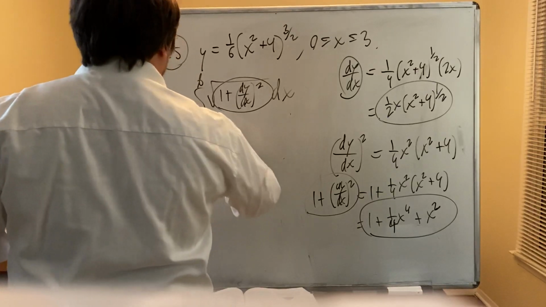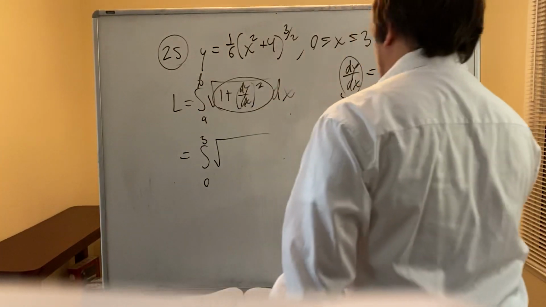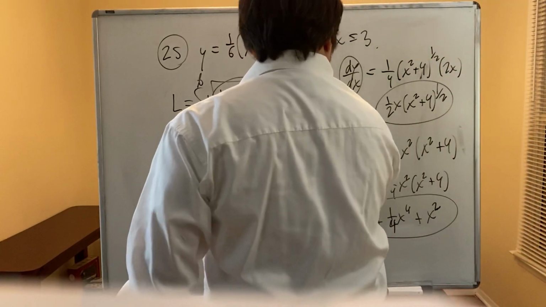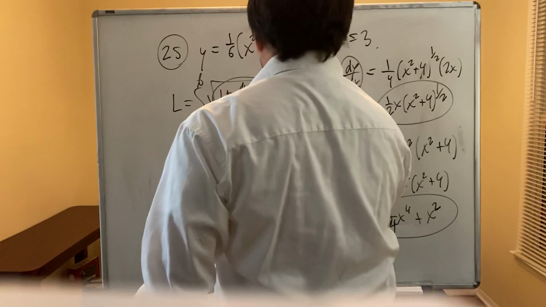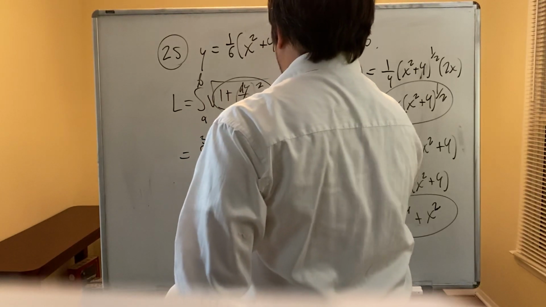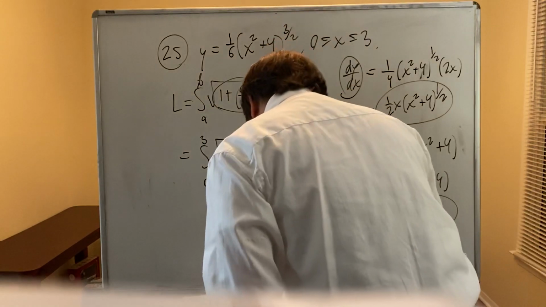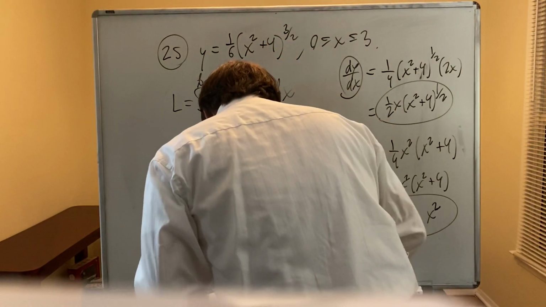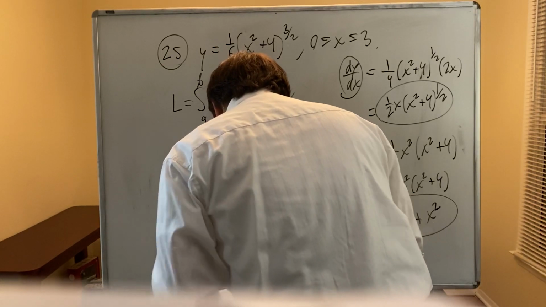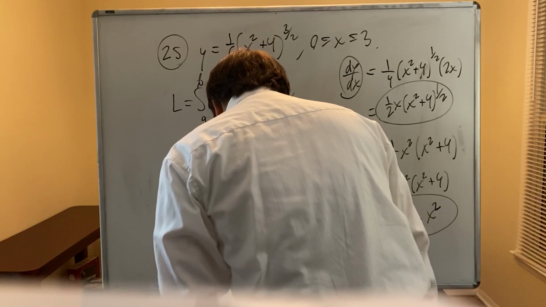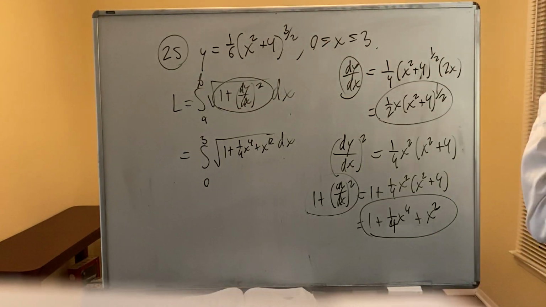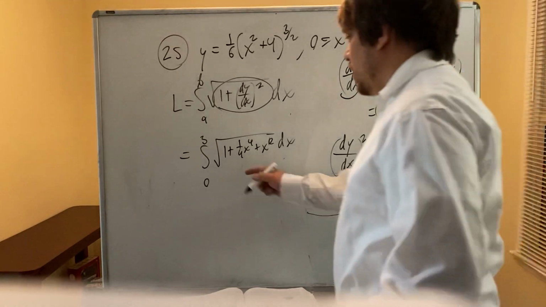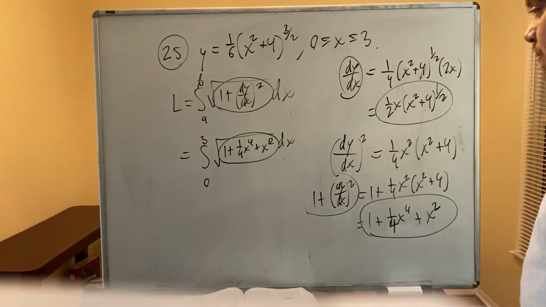This is the integral from 0 to 3 of the square root of 1 plus (dy/dx) squared, which is 1 plus 1/4 x to the 4th plus x squared dx. So if I could express this as something squared, that would do it.